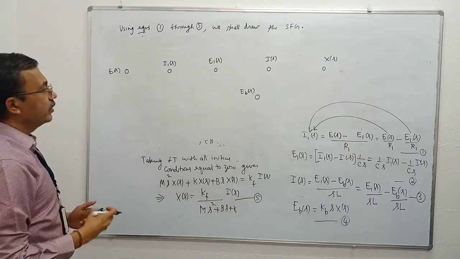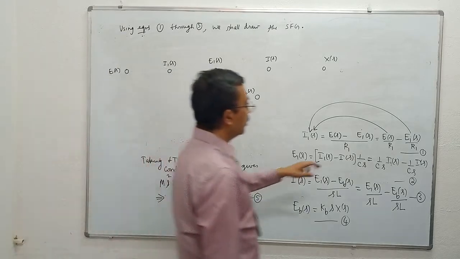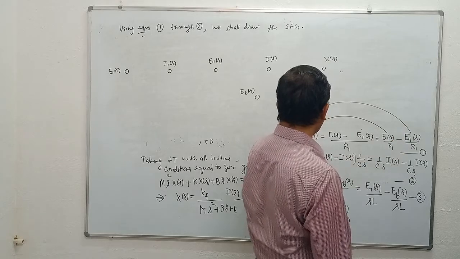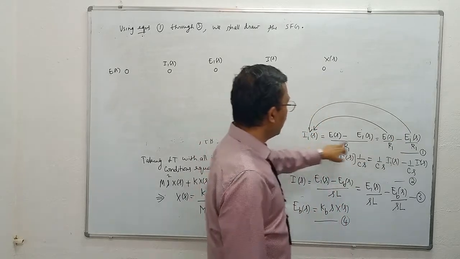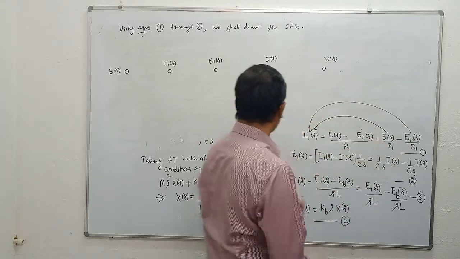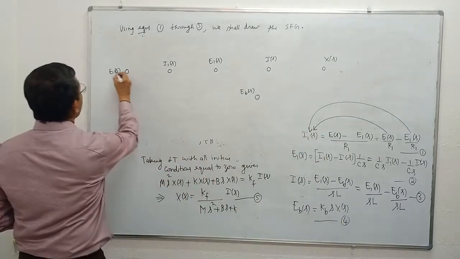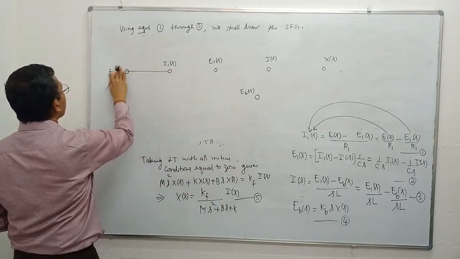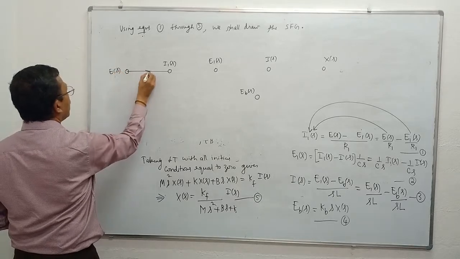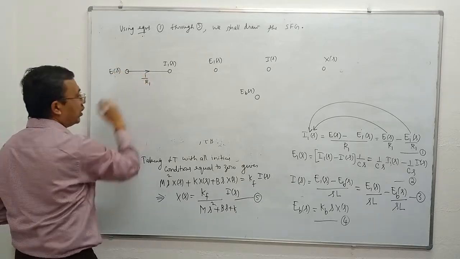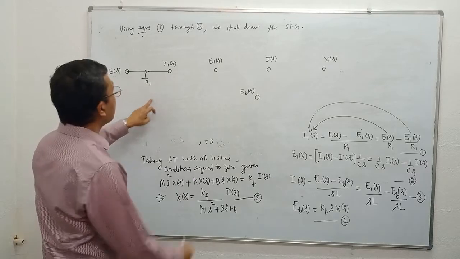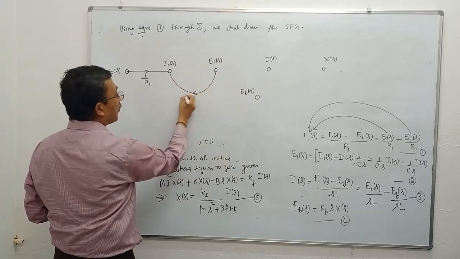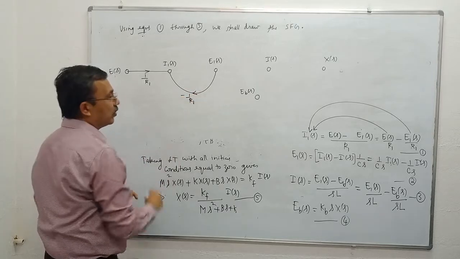Now I will take the first equation. The terms on the right side represent signals that enter the node on the left side. That means E of s into 1 by R1 should enter I1 of s. Take E of s, multiply E of s by 1 by R1 and give it to I1 of s. Take E1 of s, multiply E1 of s by minus 1 by R1.